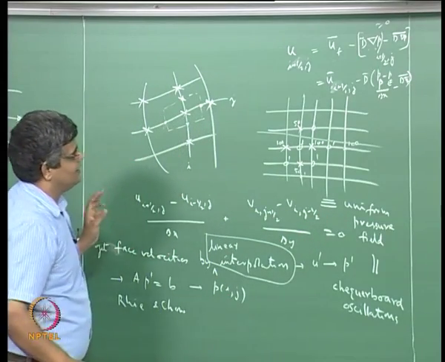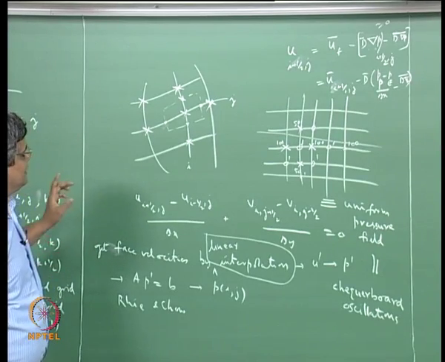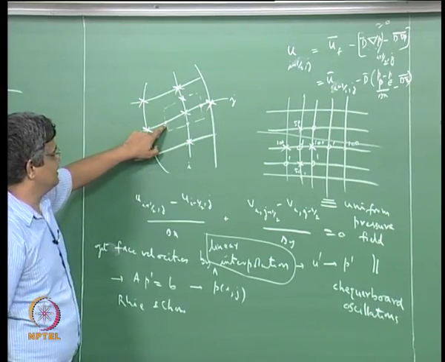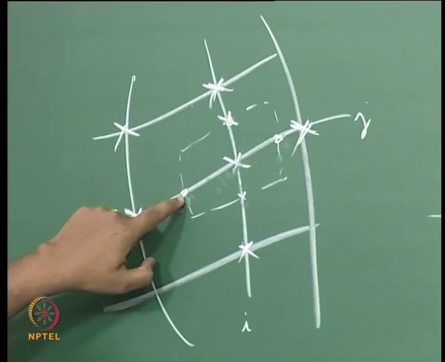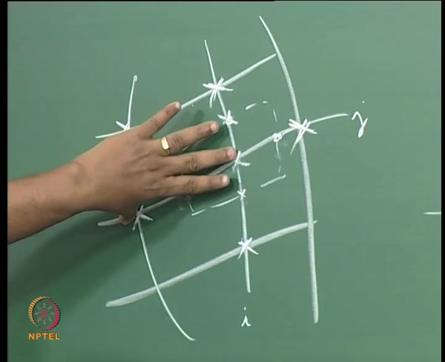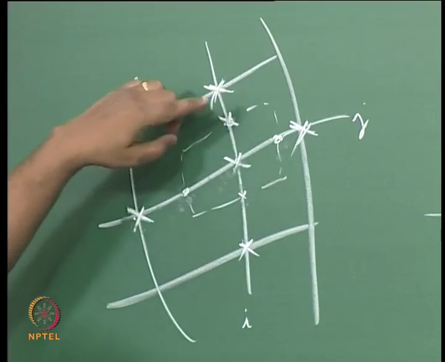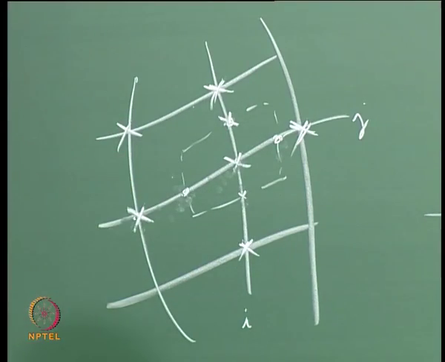So essentially what the Rhie-Chow have proposed is that the determination of the phase velocity, okay, at the points where the velocity is not being determined, velocity is being determined only at these 2 points, but we need the phase velocity here in order to substitute into the equation here.